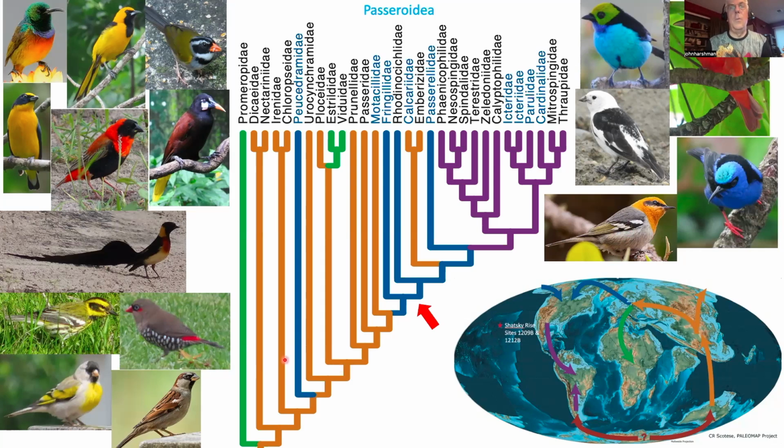Nested within a whole bunch of Asian families somehow. Again, somebody managed to get to the American Southwest. No one knows how or why, but it's isolated from everything else. This is the New World nine-primaried oscines.